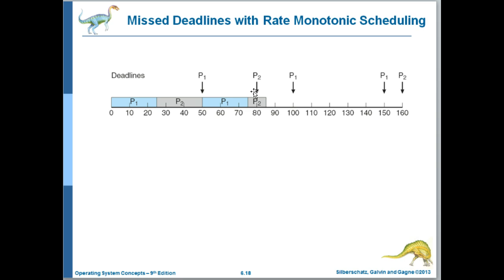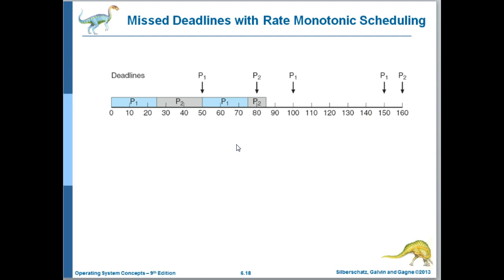Of course, the problem here is that we have the slack time here, during which we could be finishing up process 1, allowing us to slide process 2 this way, but that's not the way rate monotonic scheduling works. So this is a flaw with respect to rate monotonic scheduling.